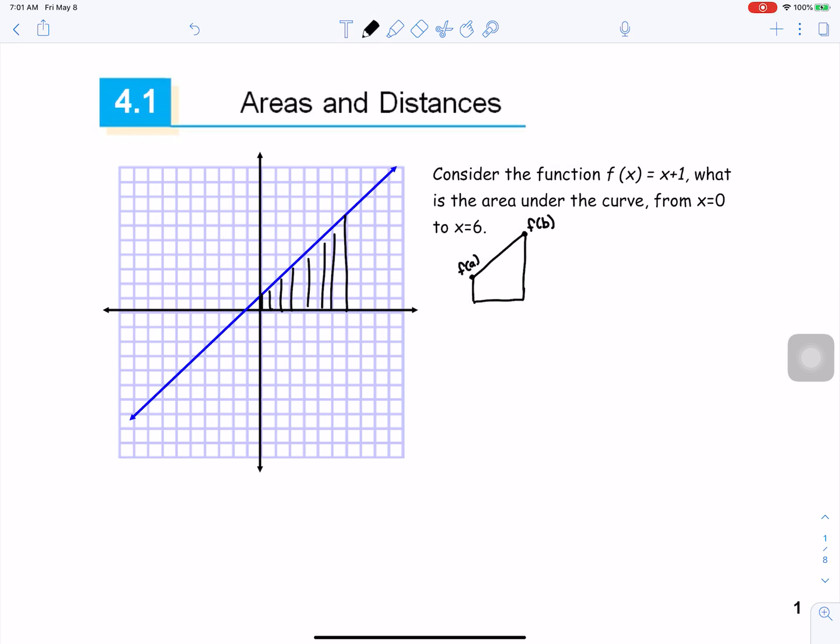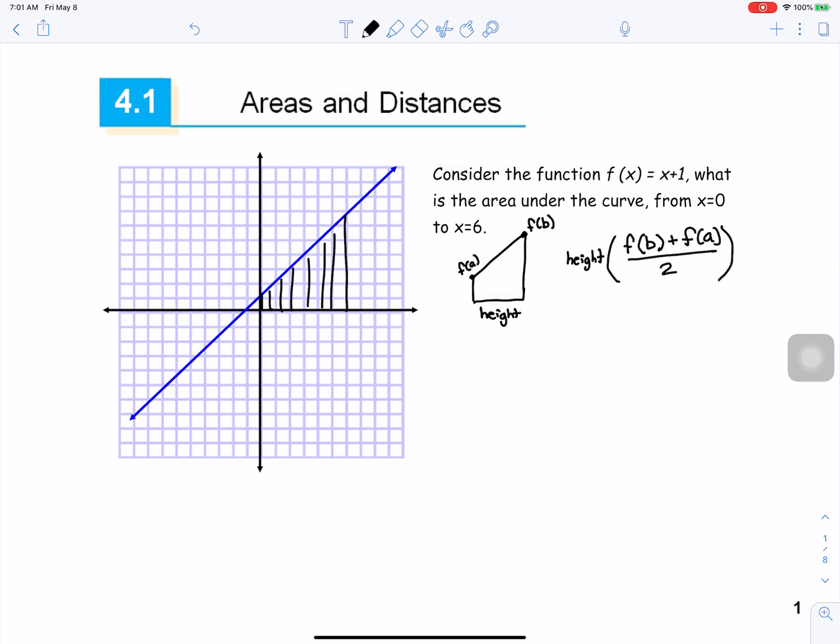The formula for the area of a trapezoid is we take the height of the trapezoid, which I'm going to call the base in this case, and then the two differing heights. This height is different than this height. So we do f of b plus f of a, and we divide that by 2.